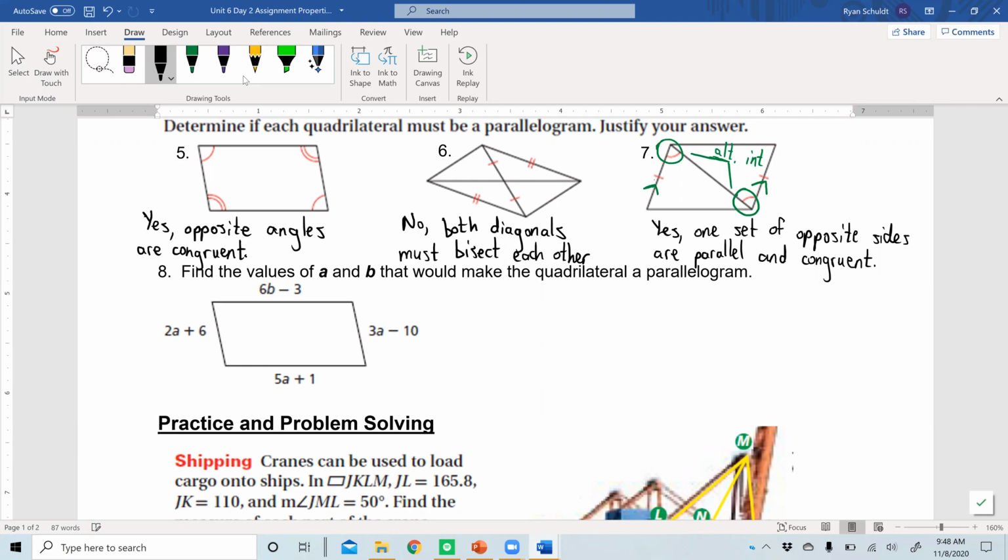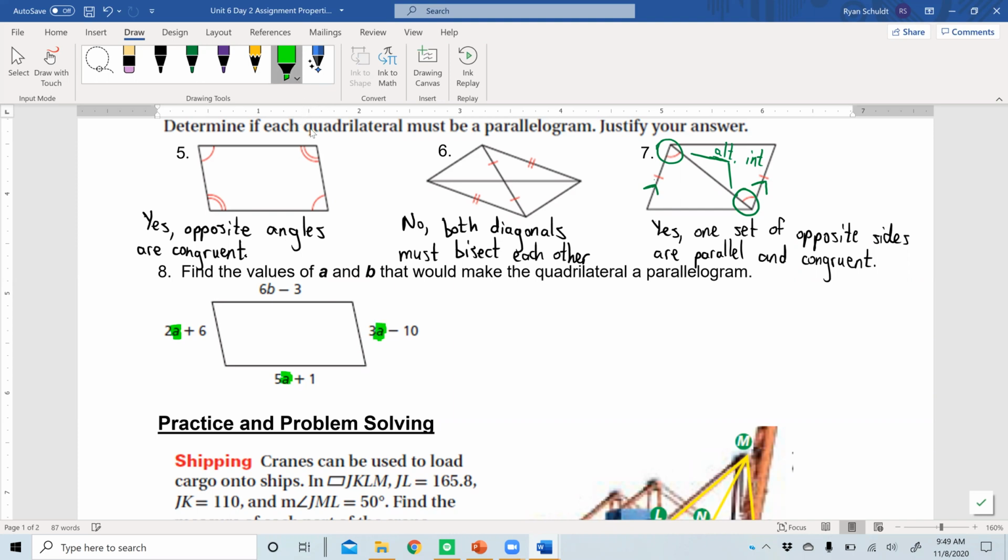Okay, the last one. Find the values of A and B that would make the quadrilateral a parallelogram. Again, this one's a little tricky, but hey, at least we're doing it together. So now I'm going to highlight my variables. I'm going to highlight the A's in green so I can see where they're at.